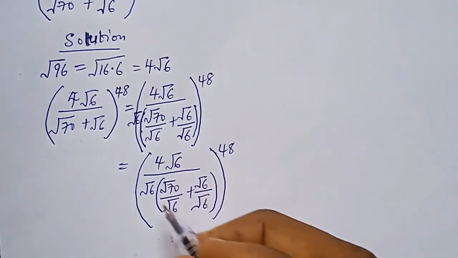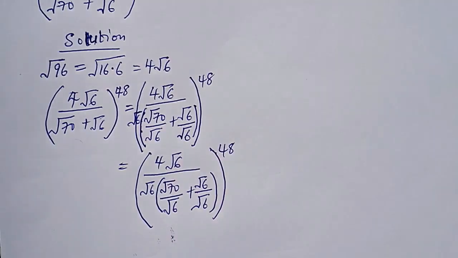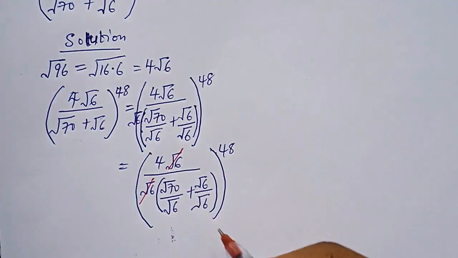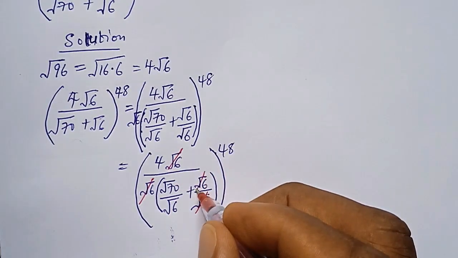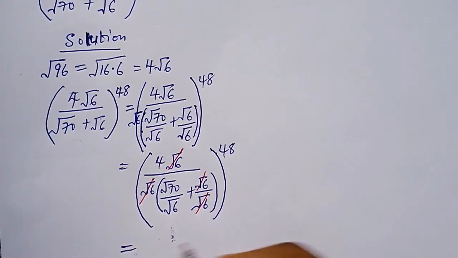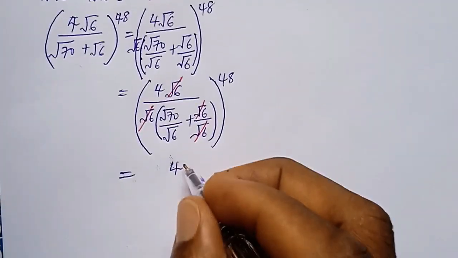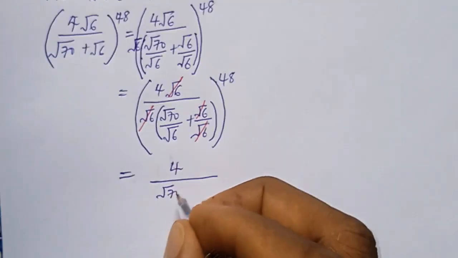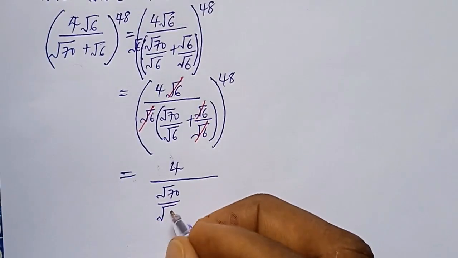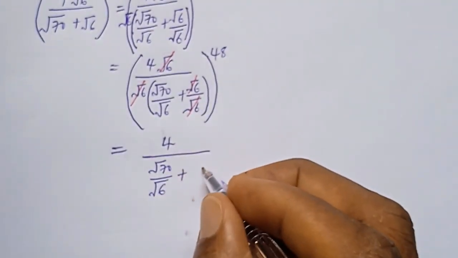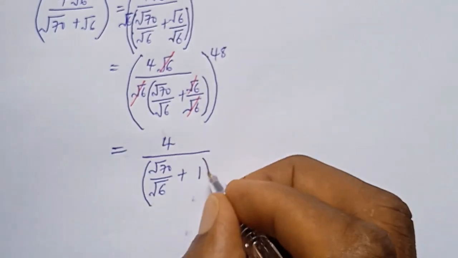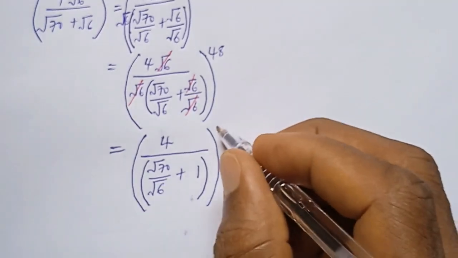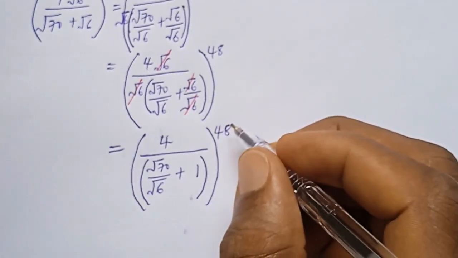So here we can get rid of this and this. Likewise, this will divide this, and the next expression becomes 4 over square root of 70 over square root of 6 plus 1, all in brackets raised to power 48.